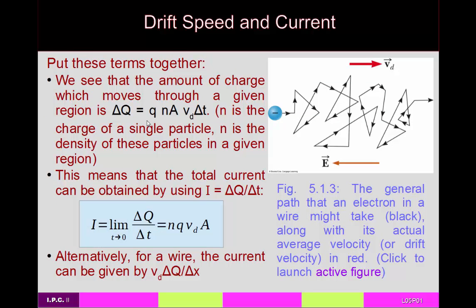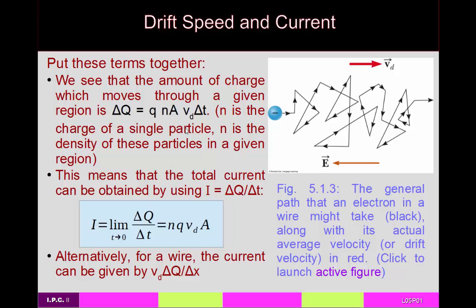So we can put all these terms together. Basically what we see is the amount of charge which moves through a given region is delta q equals q n A delta x, and delta x can be rewritten as Vd delta t. And if we divide both sides by delta t, you get delta q over delta t is equal to q n A Vd.